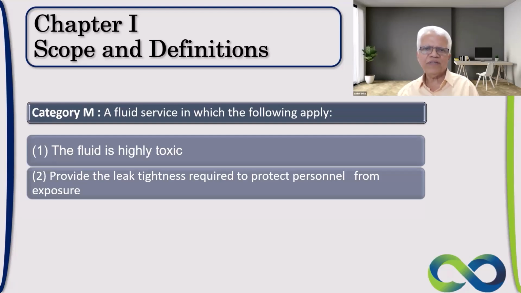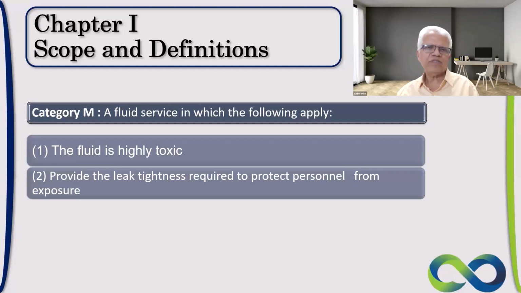If you talk about chlorine, hydrogen, these are all such services. What is the tool which is used to protect the personnel? The fluid is going to be very toxic, and the flange joints are provided with flange guards. A safety wall is provided in all these services.